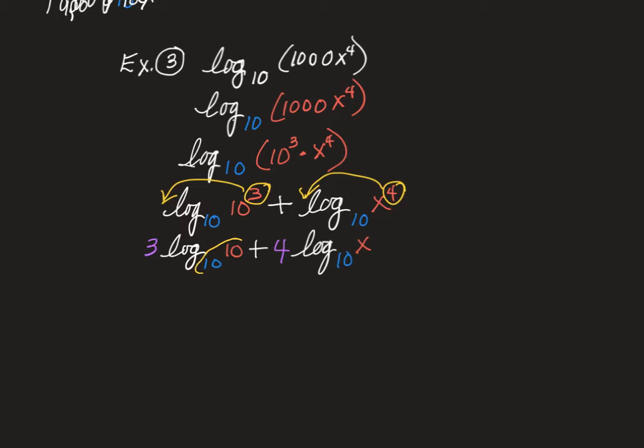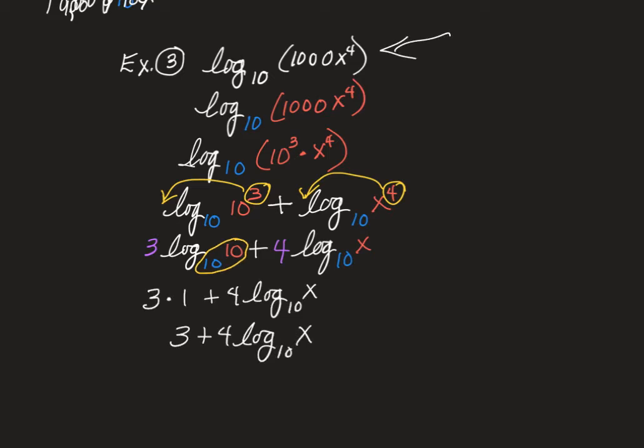Notice that we have the log base 10 of 10 here. So the log base 10 of 10 is 1. Therefore, that first term has become 3 times 1 plus 4 times the log base 10 of x, or 3 plus 4 log base 10 of x is the most expanded and evaluated form we can get to of our original expression.